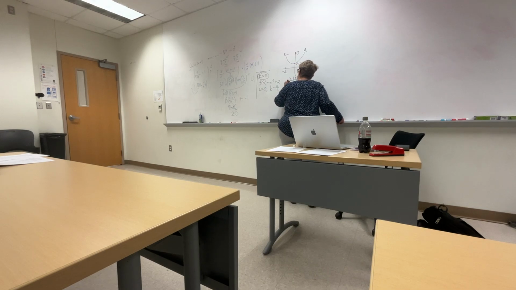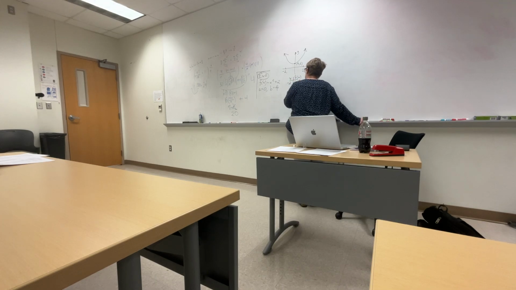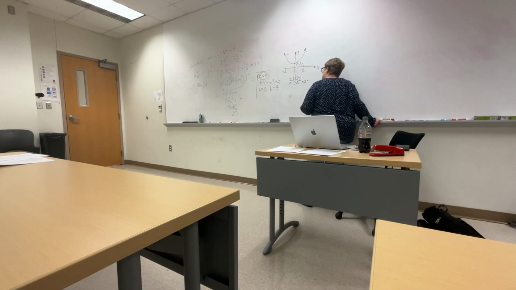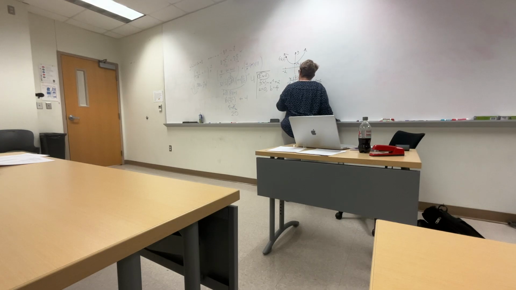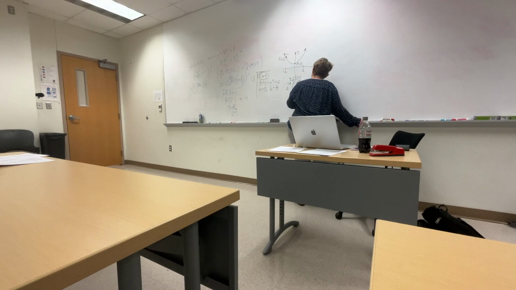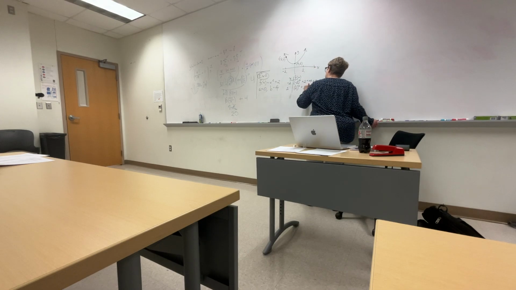If x is -2, we get -2 squared plus 2. What is -2 squared? 4. 4 plus 2? 6. So this is the point -2, 6, and if we plug in 2, we get 2 squared plus 2, which is also 6.